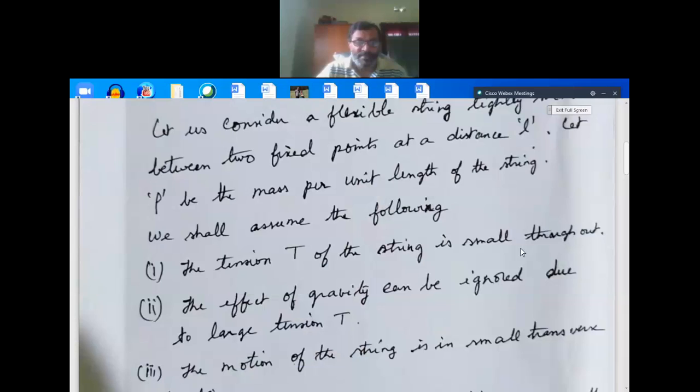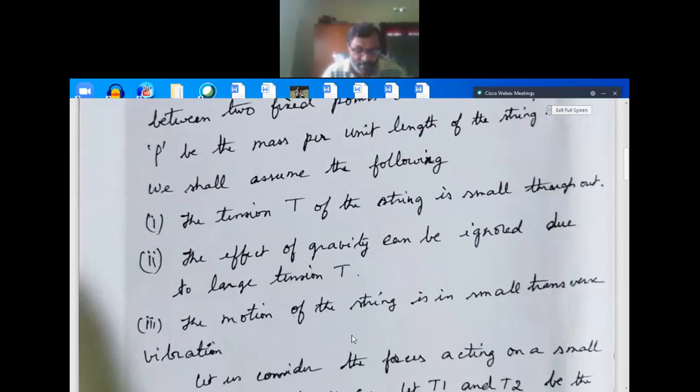Second, the effect of gravity can be ignored due to large tension T. So gravity is ignored here because we take the tension as very large.